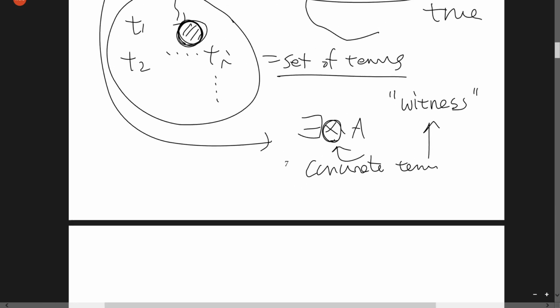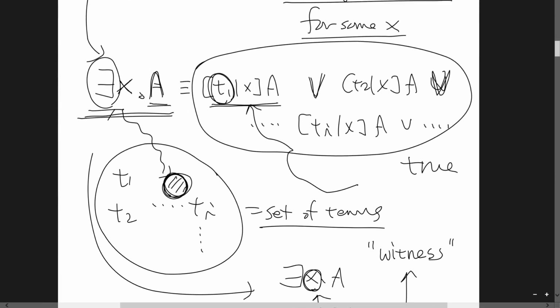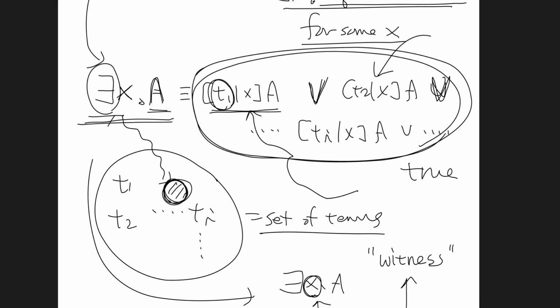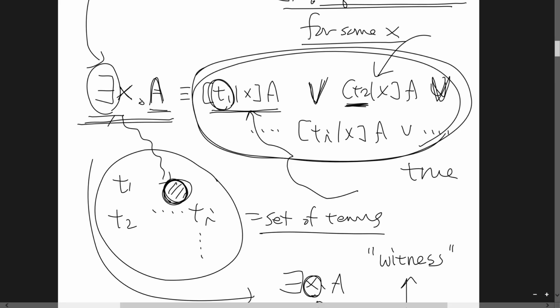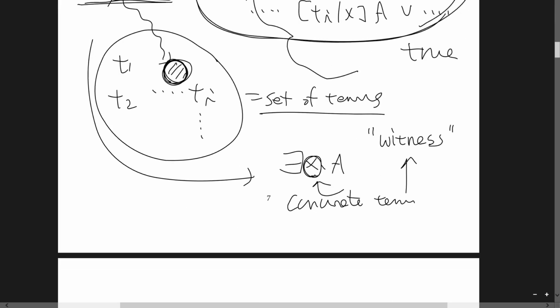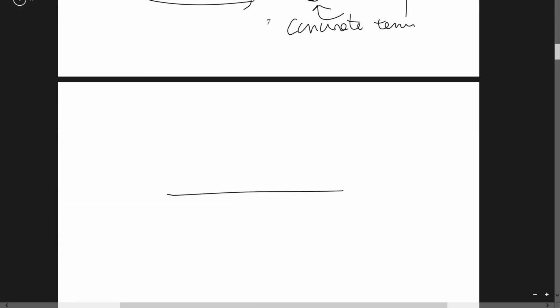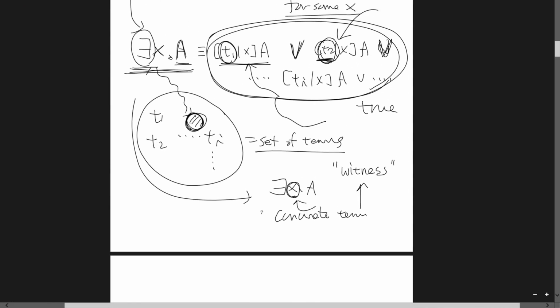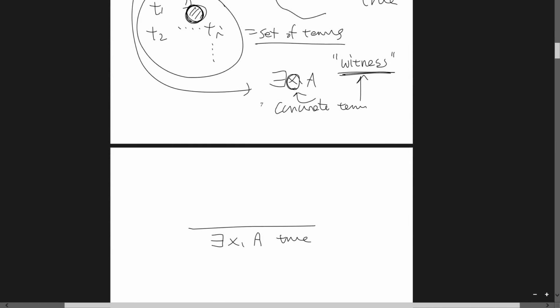And now let's see the inference rule. The introduction rule is pretty simple. If you recall the introduction rule for disjunction, if you'd like to prove it, you have to actually pick up a particular branch, one of these branches. That means you find a witness yourself, such as the term t2, and then you can show the truth of this proposition. So in order to prove existential x A true, you have to find a concrete term, which is called the witness, and then present it.